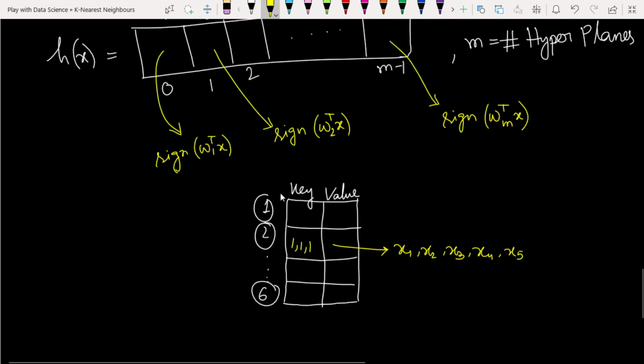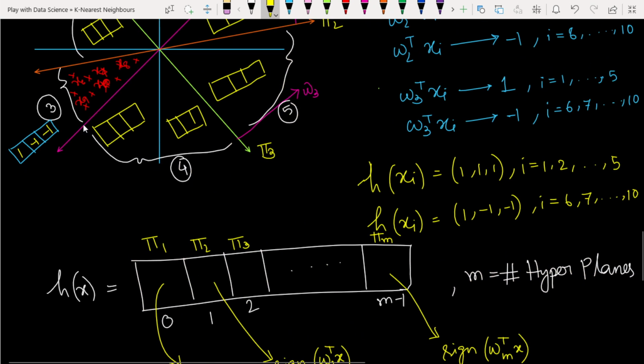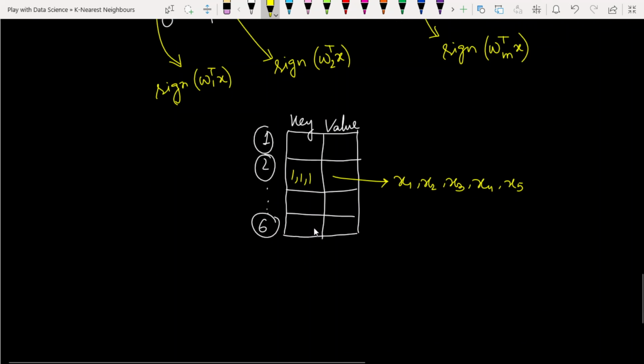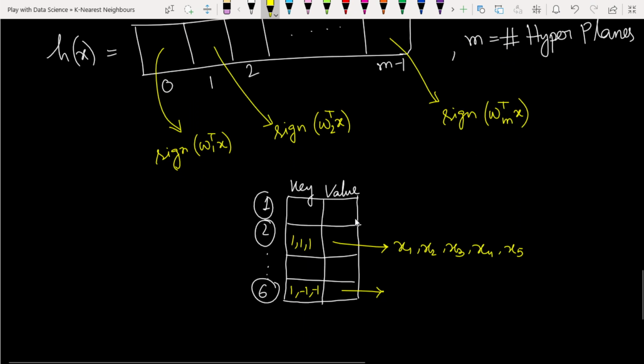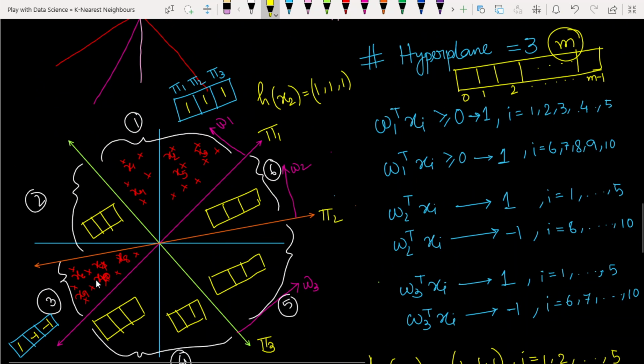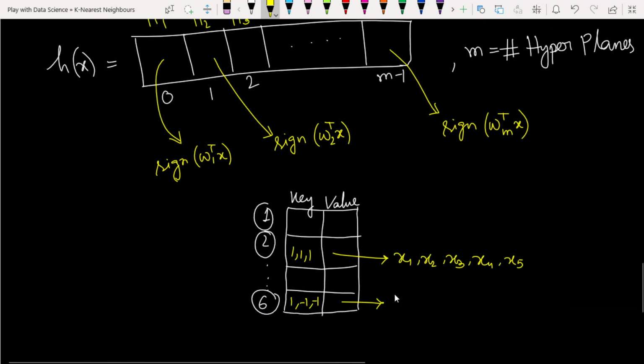If you consider this plane, what is the key value? 1, minus 1, minus 1. If our key value is 1, minus 1, minus 1, then the value for this key will be x6, x7, x8, x9, x10.